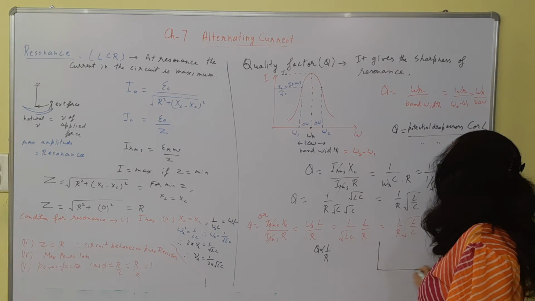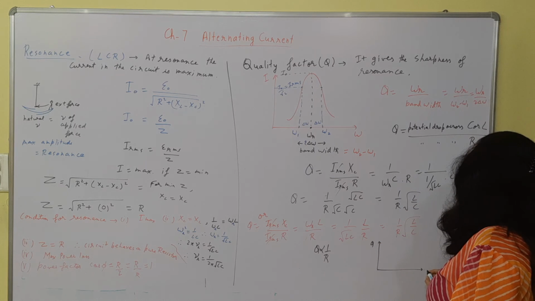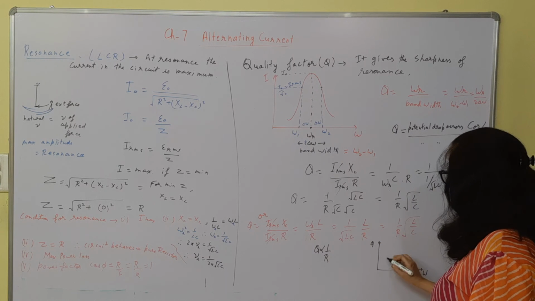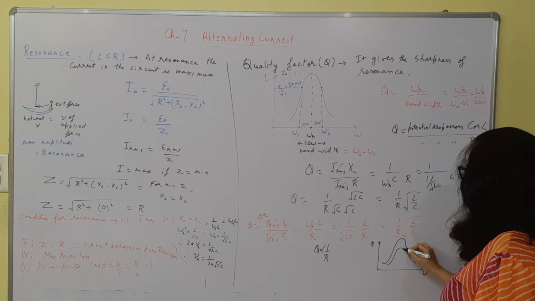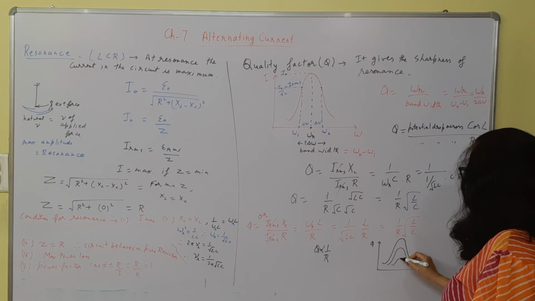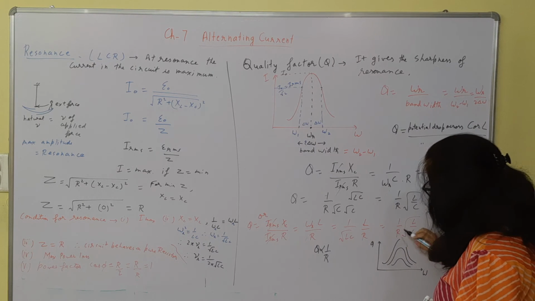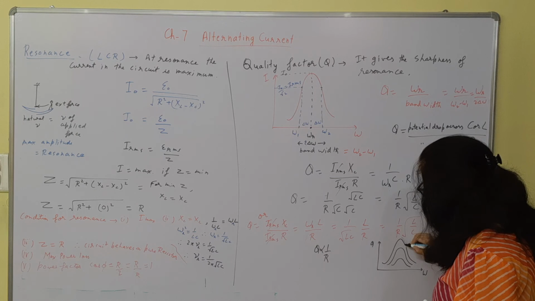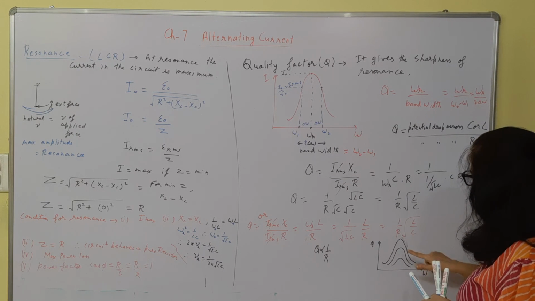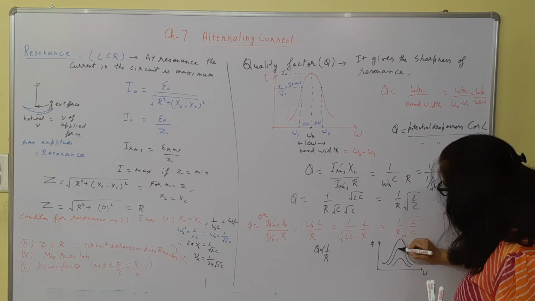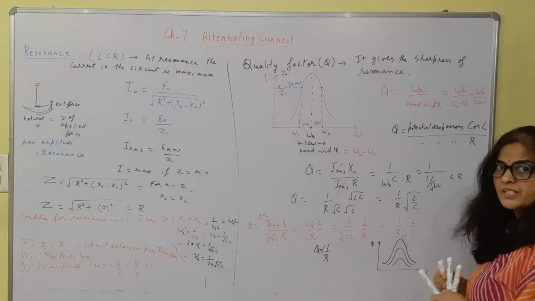So if I want to have an idea about the value of resistances for the 3 graphs which are given like this, in which case is the sharpness more? In the topmost graph the sharpness is more, and the sharpness decreases as we go down.